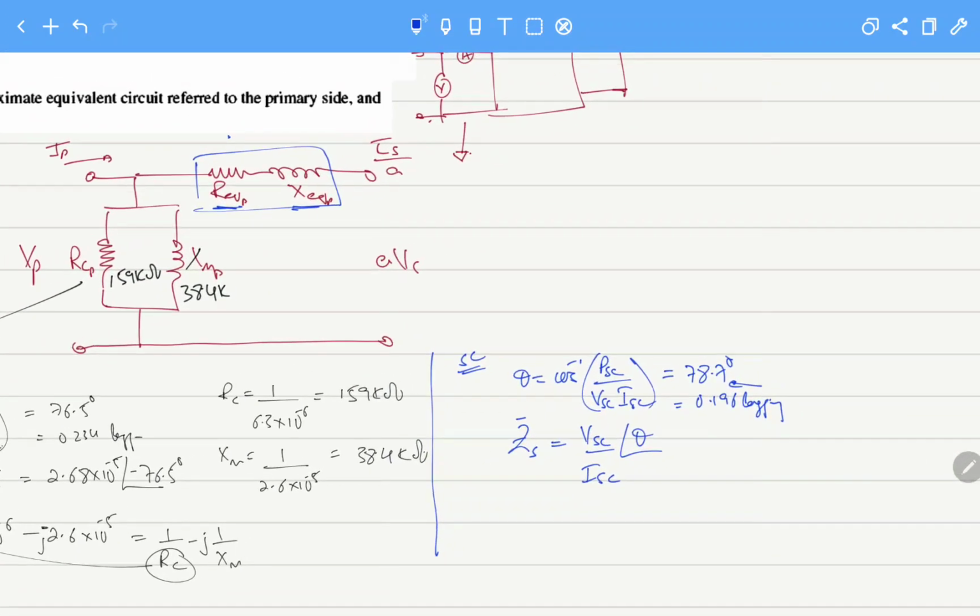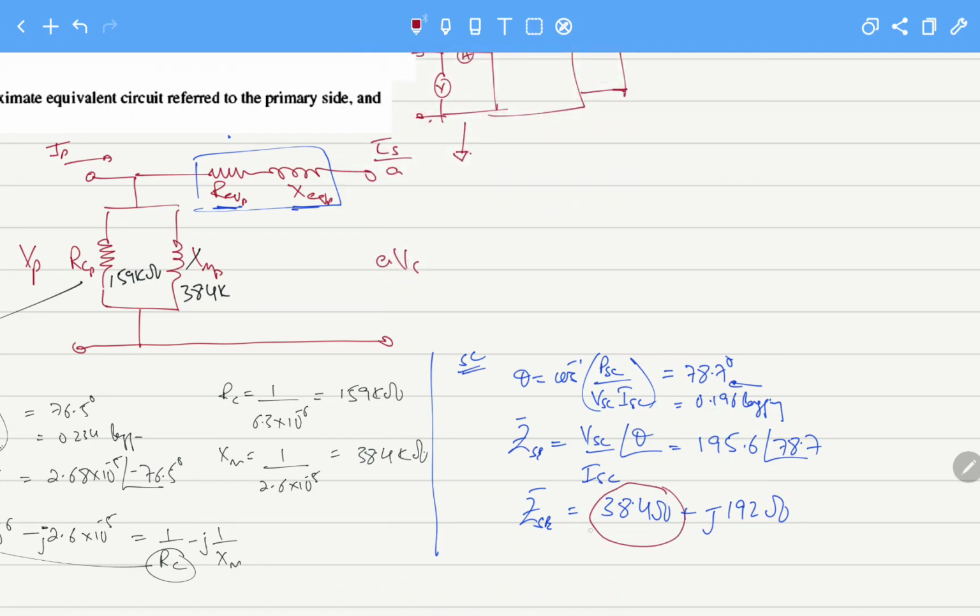So the value of this will be calculated to be 195.6 angle 78.7, or we can write this as 38.4 ohms plus J 192 ohms.